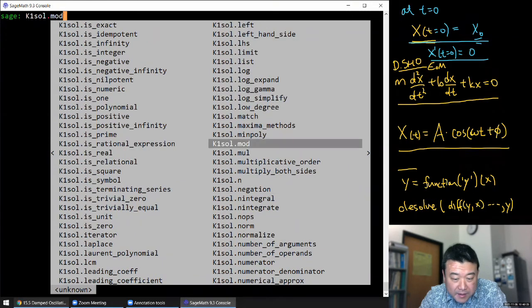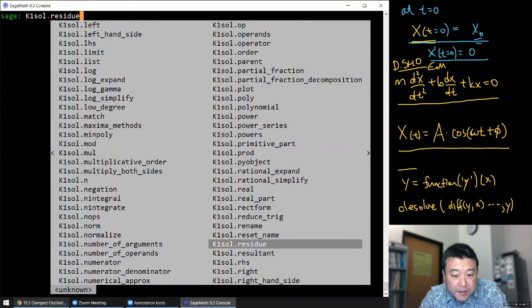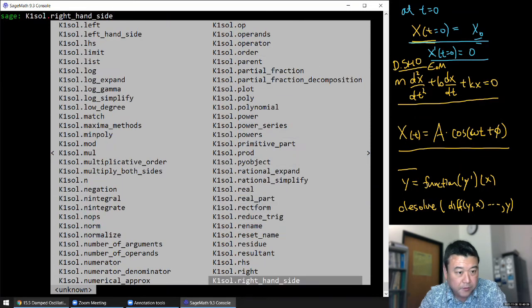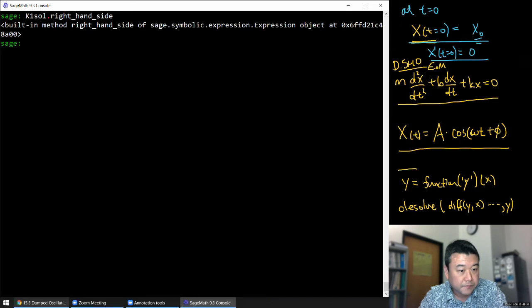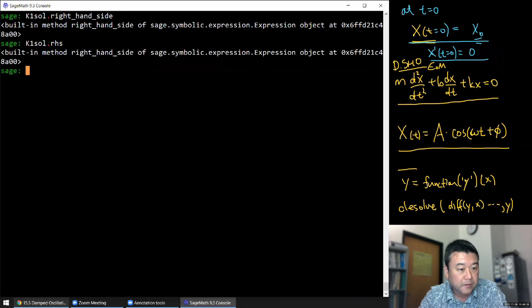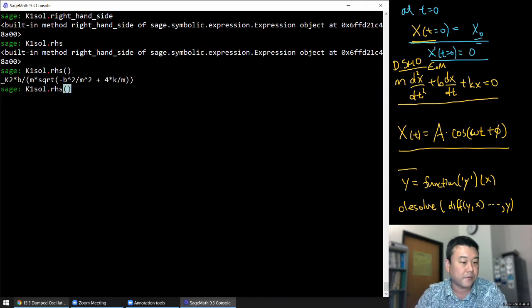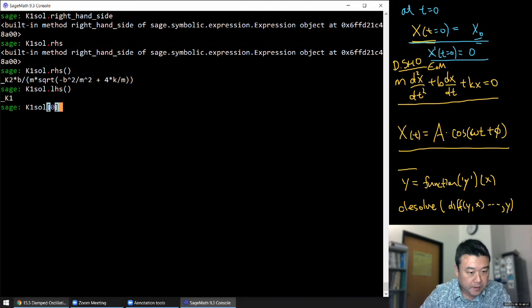Ah, yeah, I see LHS for left hand side, so there's a right hand side. Okay, good, K1 sol that right. That is exactly what I'm looking for. So right hand side has this dependence on K2, so I'm going to do it this way. Okay, I think I got it.